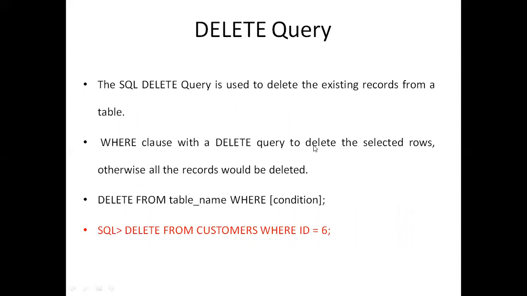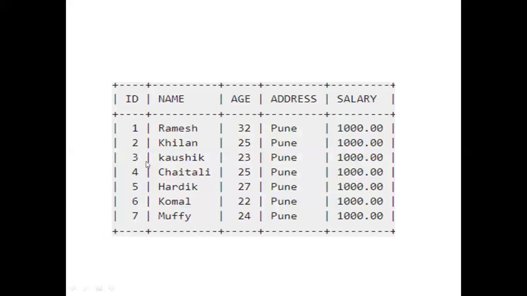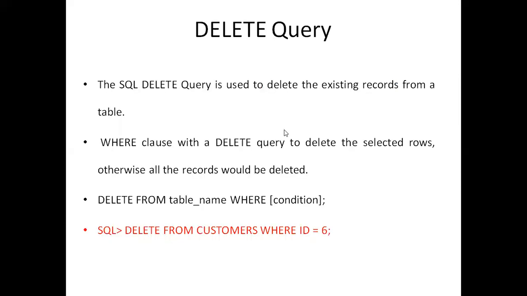Right? Now, if I want to delete a particular record, only a particular record can be deleted. If I want to delete this particular record, then you can specify delete along with the row, and we're using the where clause again. The condition is important again. See, delete from customers where ID equal to 6, right?